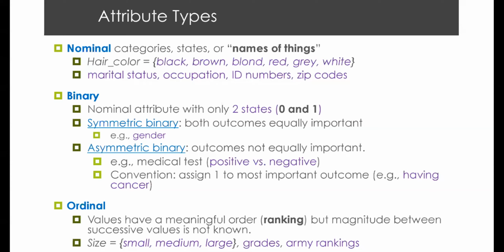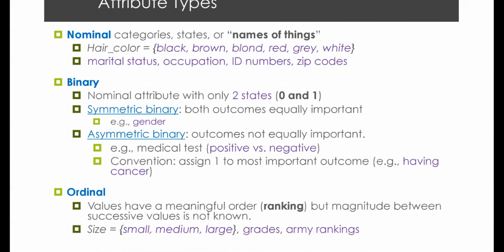The next one is the binary attribute. A binary attribute is a nominal attribute with only two categories, that is, the state 0 or 1. Either 0 or 1 only we consider in binary attributes. Two types of binary are there: one is symmetric binary and the second is asymmetric binary.